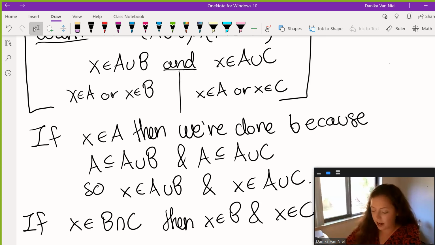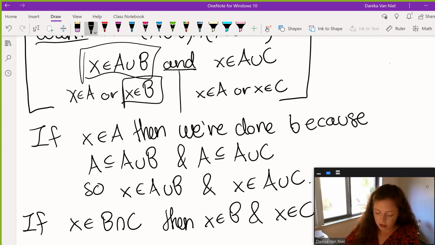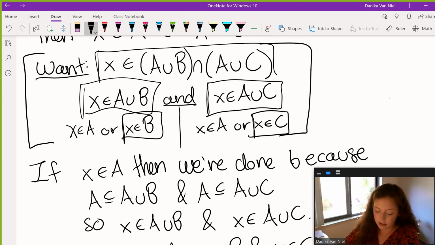Okay. So now in my head, I can just do this stuff backwards. I can say since X is in B, since this is true, then I know that this is true. And since this is true, then I know that this is true. Now I have that both of these things are true. So then I have that this is true.